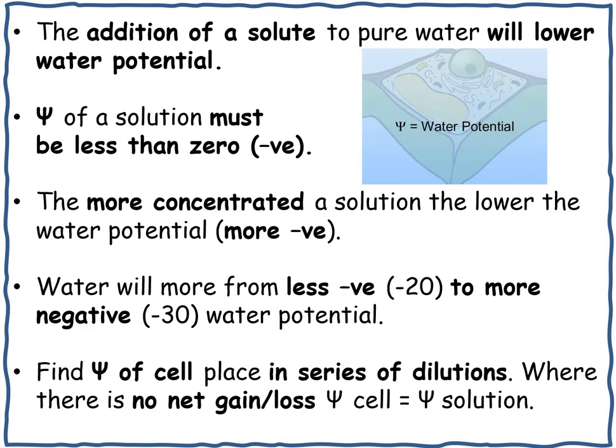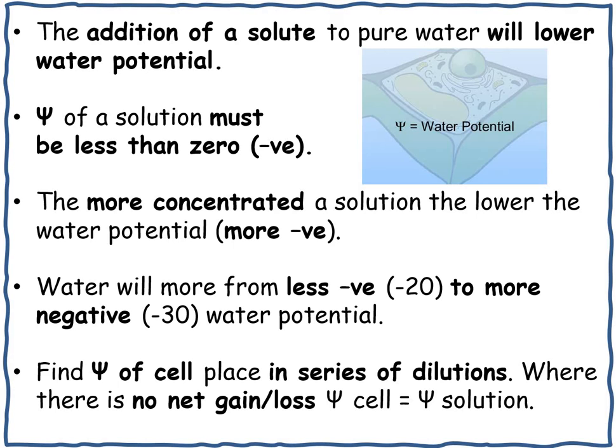So the addition of a solute to pure water will lower the water potential. Therefore, the water potential of a solution must be less than 0, or it must be negative, unless it's pure water. And the more concentrated a solution, the lower the water potential and the more negative it is.